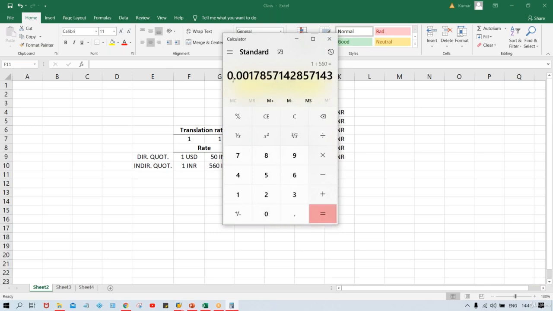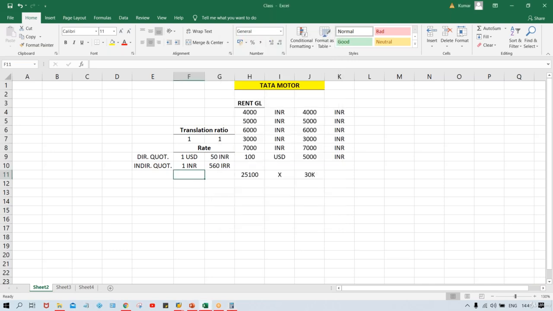This much we are going to specify under direct quotations. So decimal places are there, guys, right? So it will be a bit confusing. That is why we simply specify this rate under indirect quotations.